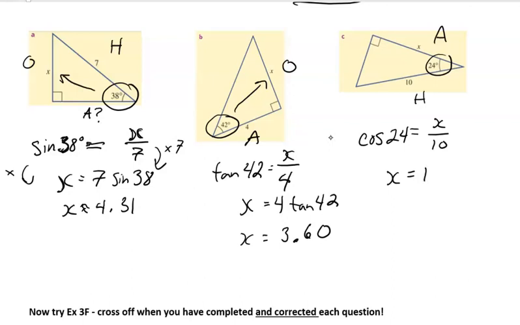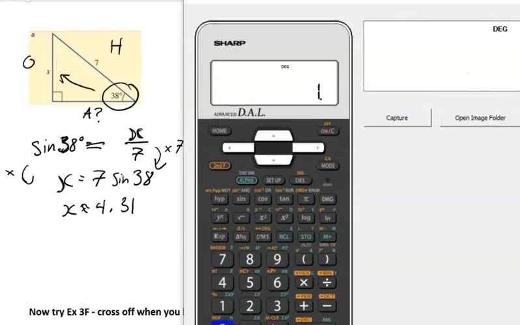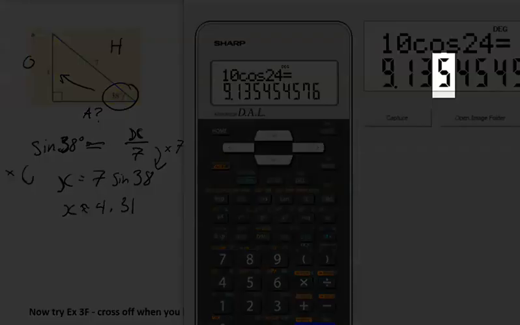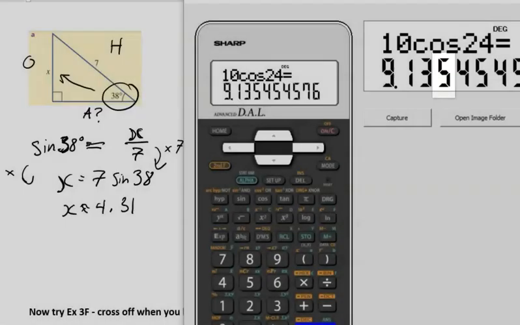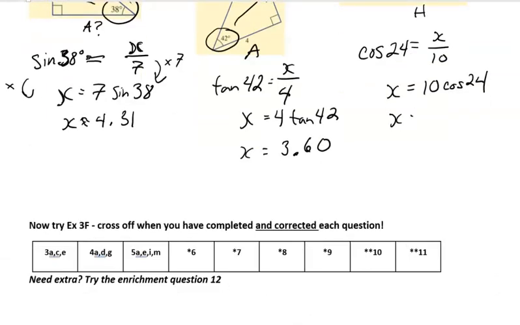I'm going to multiply both sides by 10, so x is 10 times the cosine of 24 degrees. And the calculator does its magic. 10 cosine 24 equals, and that gives us 9.135. Because our critical digit after the 3 is 5, that pushes that up. So x is going to be equal to 9.14, which is accurate to 2 decimal places.